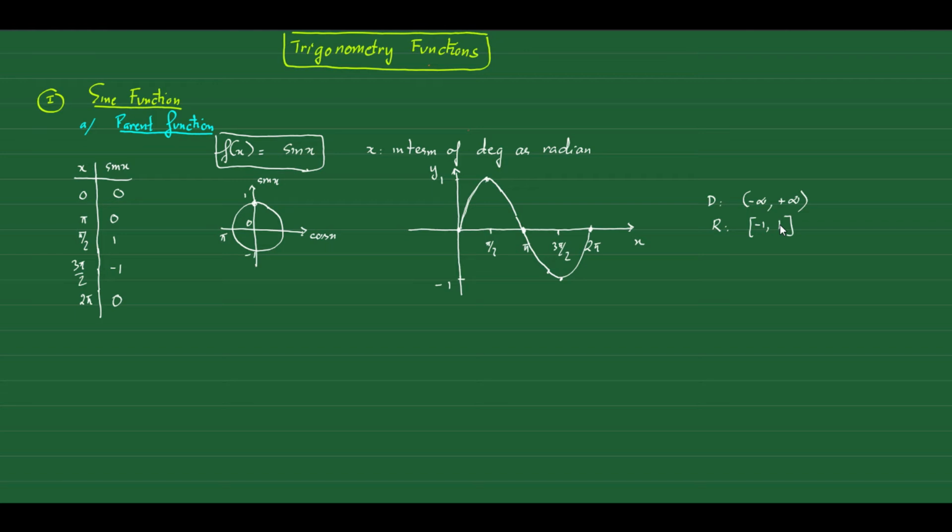Graphically, if you look at the graph, the period is nothing but a revolution. It means the period is from 0 to 2 pi. It's the distance you travel from 0 to 2 pi, where you go up like this and go down like that. Then that is the period.